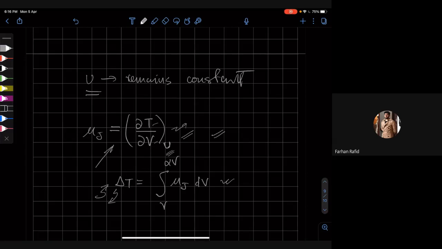Therefore we can use the argument that these are functions of state to calculate delta T from this formula, and that will coincide with the delta T for the Joule expansion. So we are simulating the same environment elsewhere.